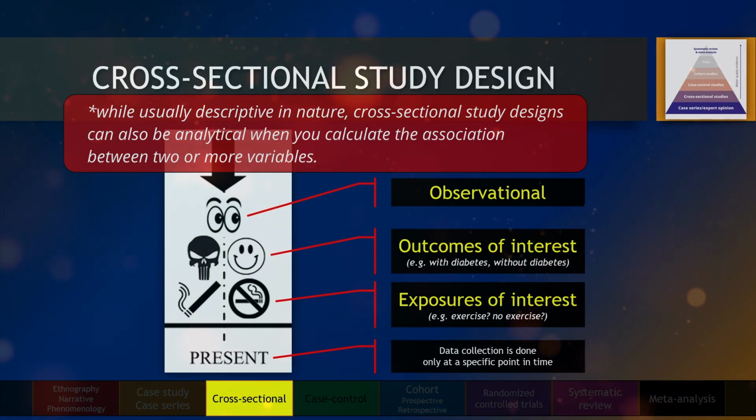Technically, cross-sectional study designs can also be analytical in the sense that the population parameters, for example, one outcome and one exposure and another exposure, or one outcome and another outcome, these can all be tested for their associations with each other, or can be compared across different subpopulations.